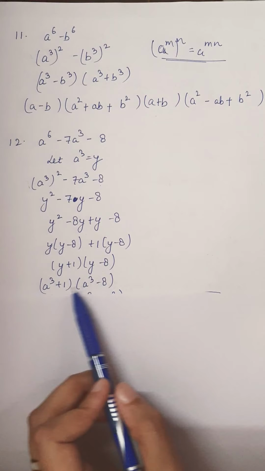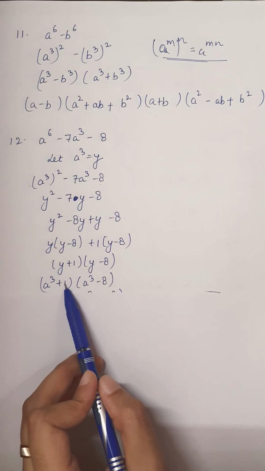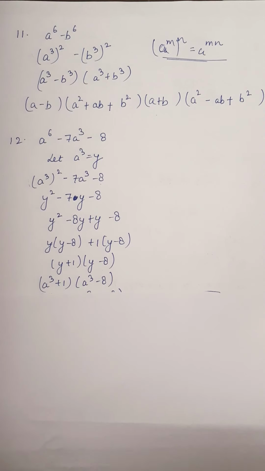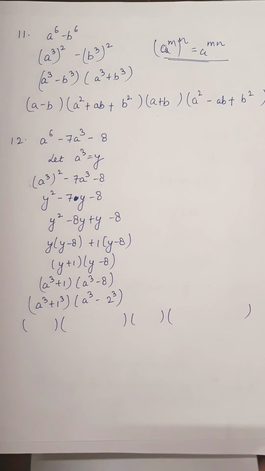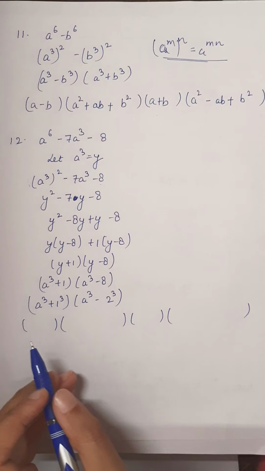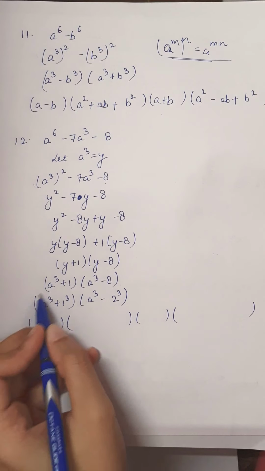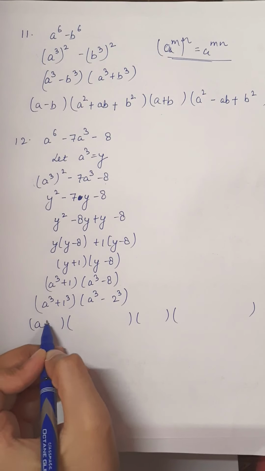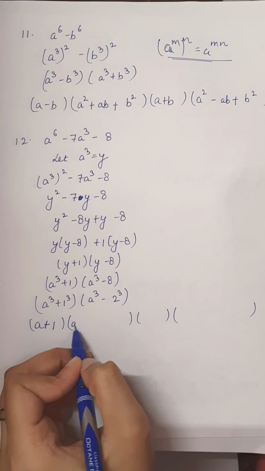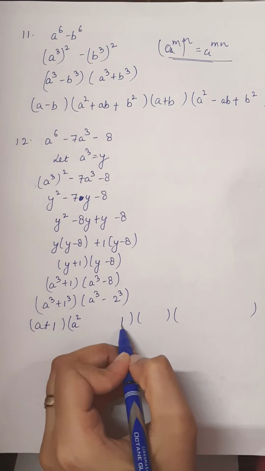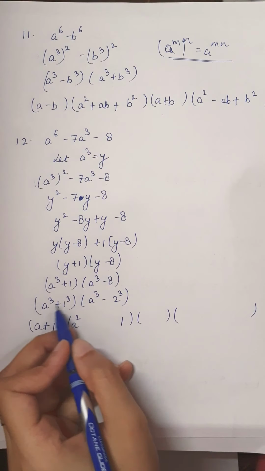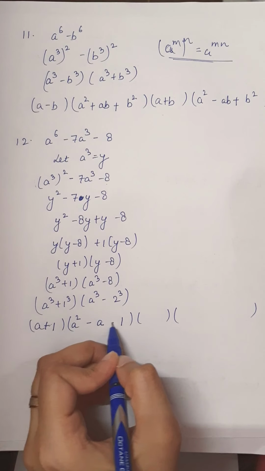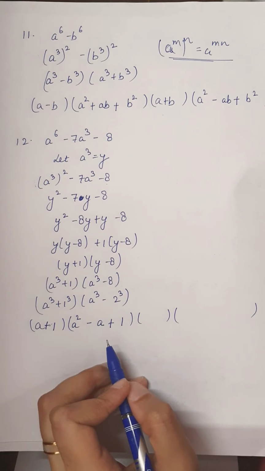Now both are following a format, a cube plus 1 cube and a cube minus 2 cube. Both are following the same format. So ultimately this is sum of two cubes, that means a plus 1, a square, 1 square is 1, and in between a into 1, a, and in this identity I have minus and plus.